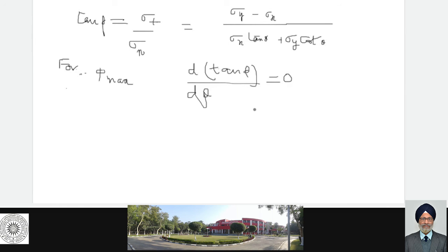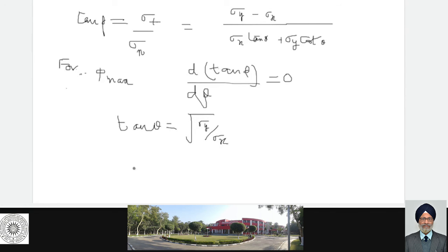So when you do this, you will get the value of theta, that is tangent theta will be equal to under the root of sigma y upon sigma x.